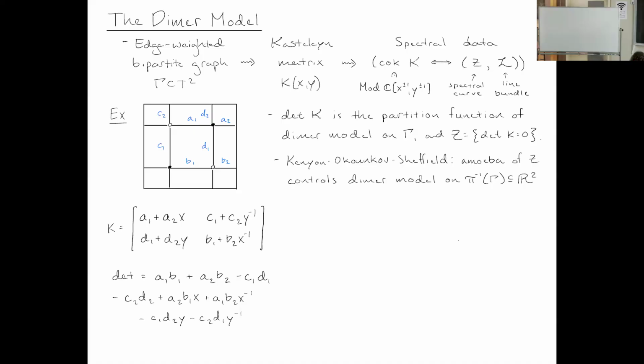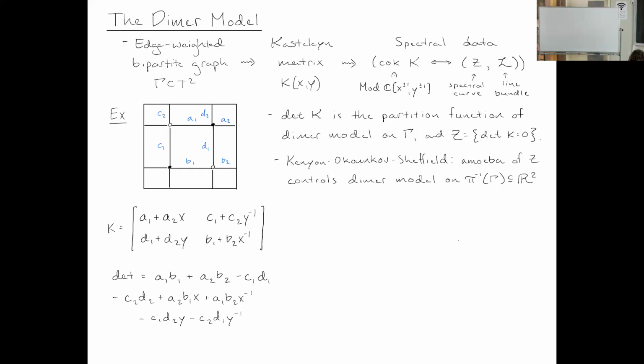So let me recall some things about the dimer model and its solution. So we're going to fix a graph. As I said, we'll be interested in a graph on T squared. And I choose a weight for each of its edges.